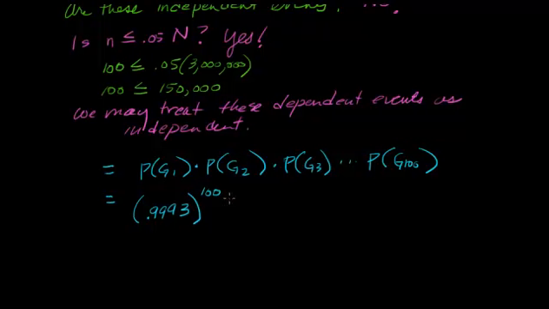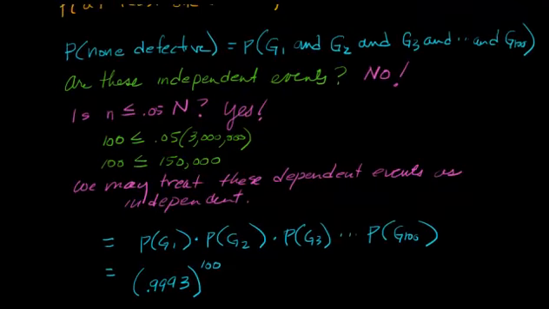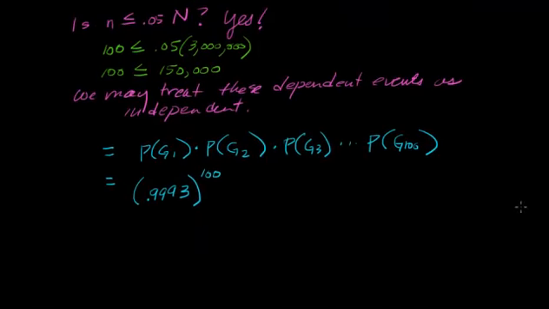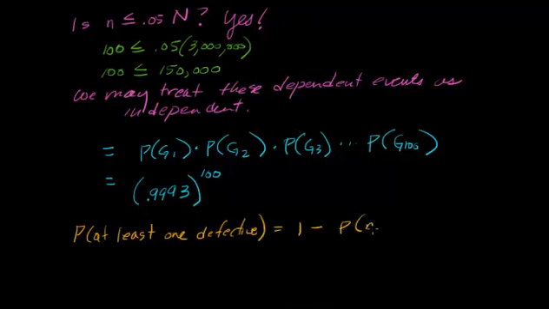Okay, but I'm not interested in the probability that they're all good. That's not the question. I need that information, none defective. I'm trying to find at least one defective, and that was 1 minus the probability of none defective. Let me rewrite that. So the probability of at least one defective was equal to 1 minus the probability of none defective.